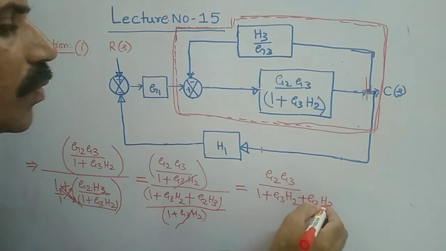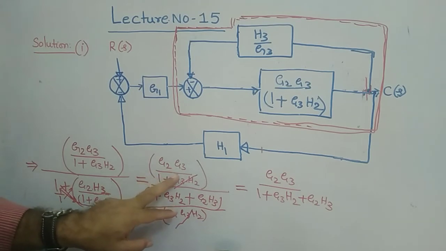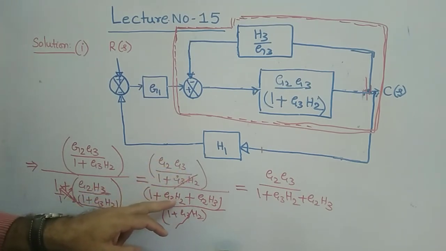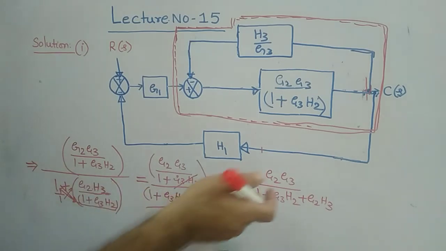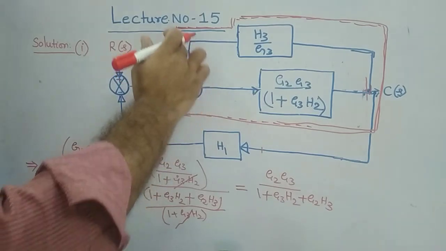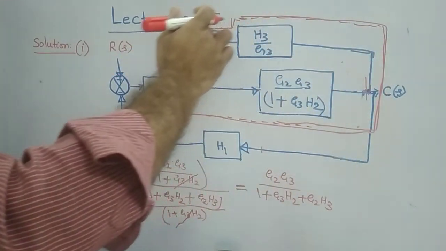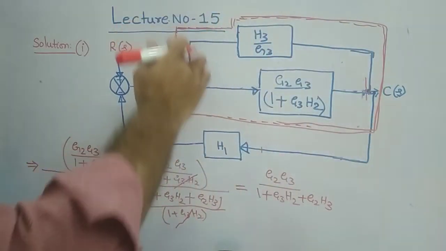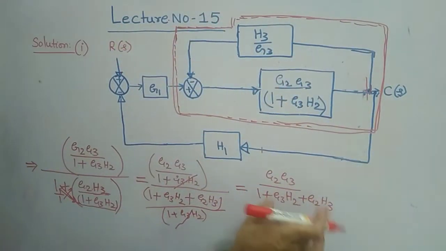That's all, because these two get cancelled already. Therefore G2 G3 by 1 plus G3H2 plus G2H3, this is what your resultant is. If you eliminate this feedback loop, this total block which is identified within the red marking, then you will have this answer.